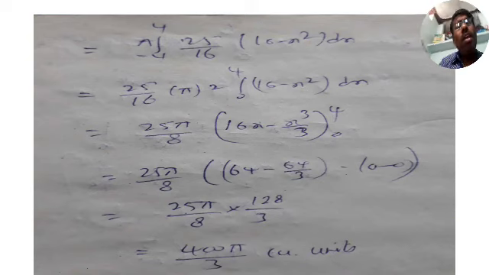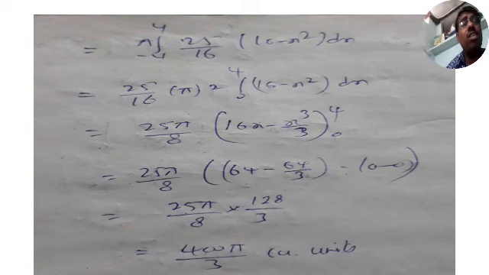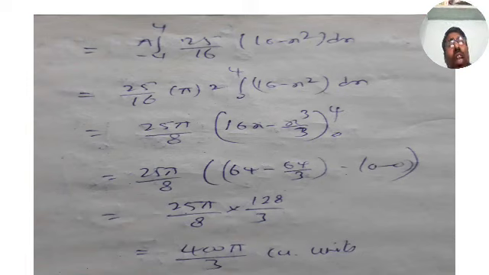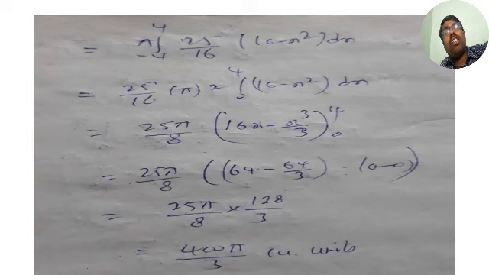So integration minus 4 to 4. Here x square is an even function, 16 is a constant, so 16 minus x square is again an even function. For an even function, integration minus a to a of f of x dx can be written as 2 times integration 0 to a of f of x dx, when f of x is an even function. We are using this same property in the third, fourth and fifth problems.